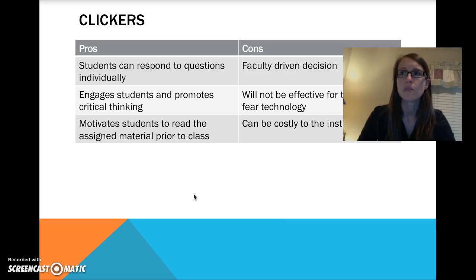Also, it can be costly because each student needs their own clicker, and also the teacher needs a tool as well. So it can be an added cost to the institution, which could divert them from making this decision and adding this to the classroom.